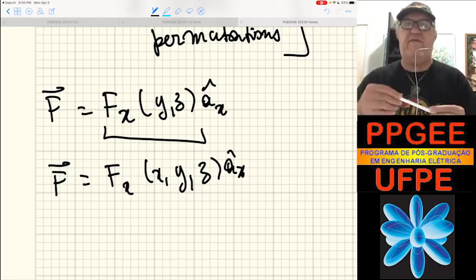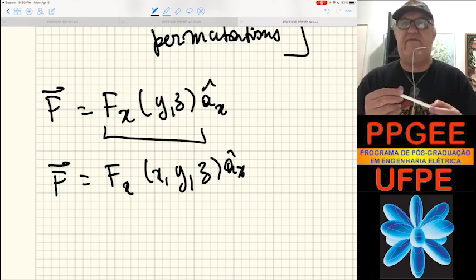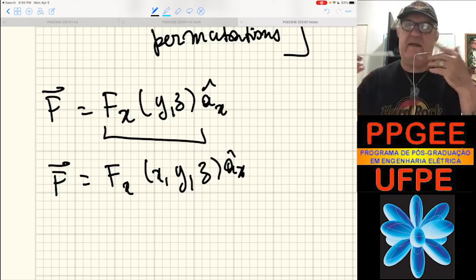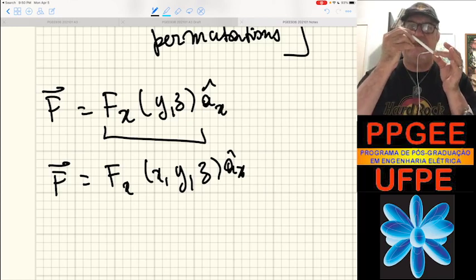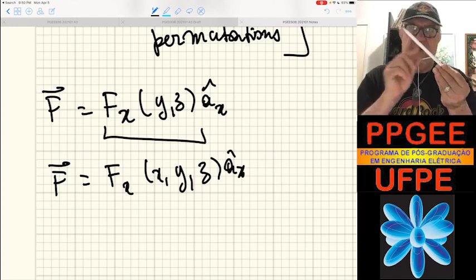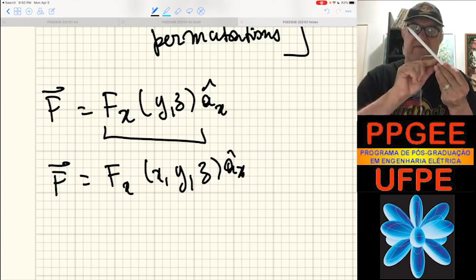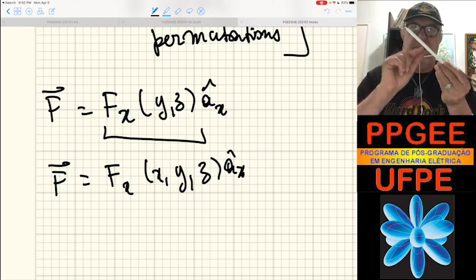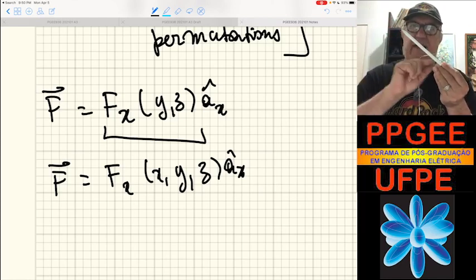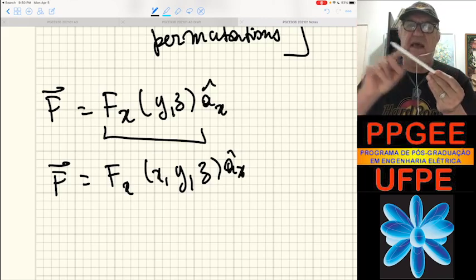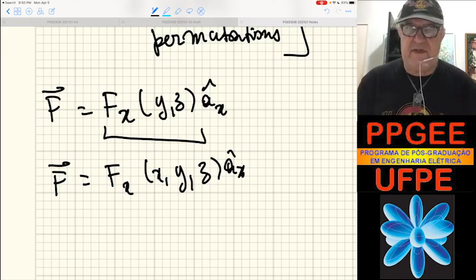If you write a field in a coordinate system with a single component, you want to determine whether this single component of the field varies with the coordinate along the direction of the field. If that happens, it's going to have some divergence.